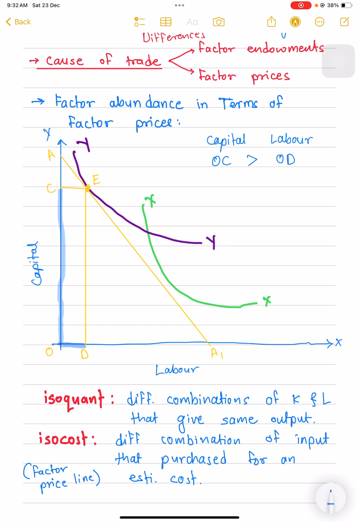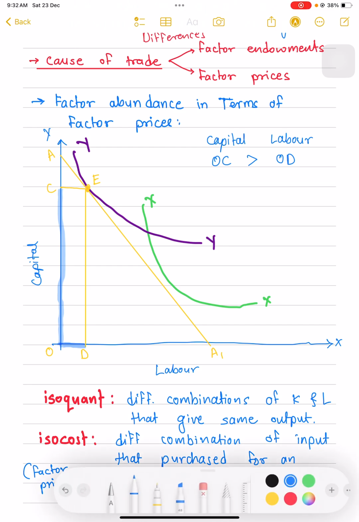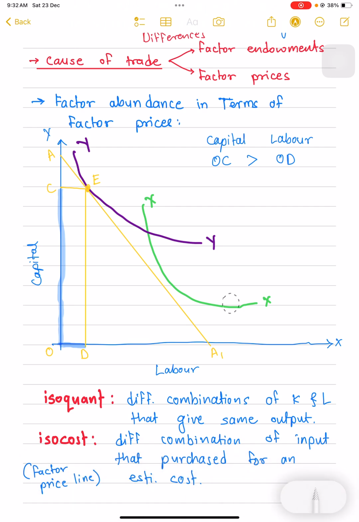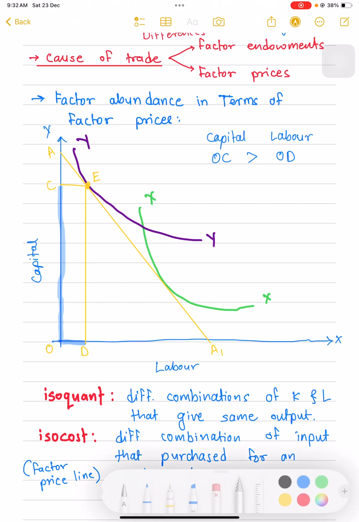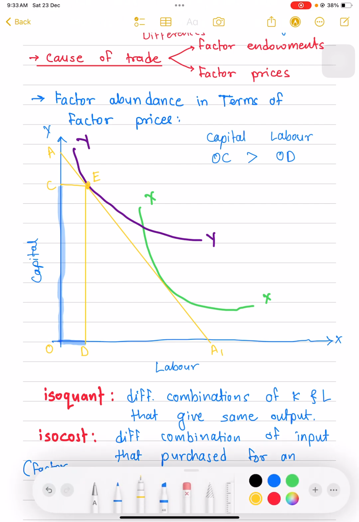And in order to produce one unit of X, this should be here. Yes, perfect. In order to produce one unit of X, how much is it requiring?